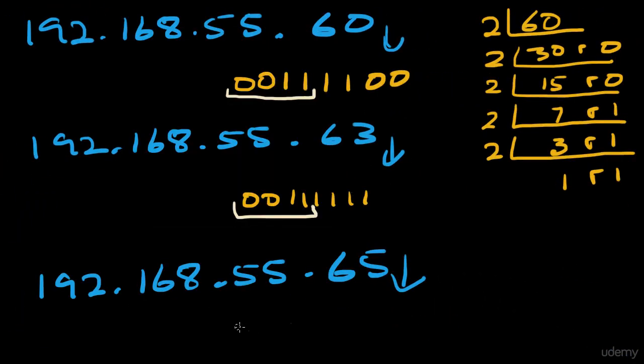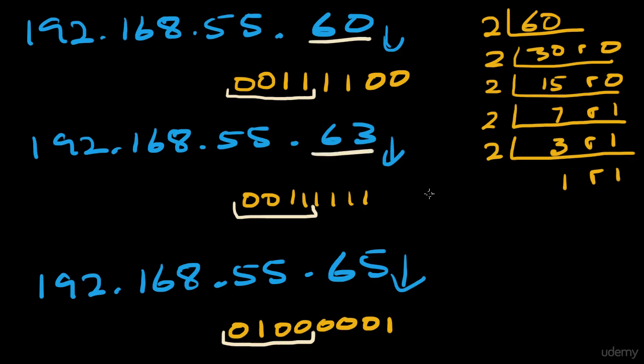So this is 8 bits. The first 4 bits are our subnet bits, and they are not the same as the other 2. They are different. So 60 and 63 are on the same network. 65 is on a different network.